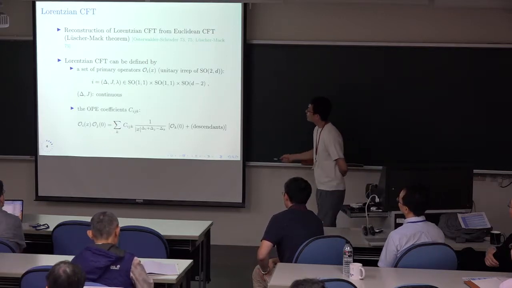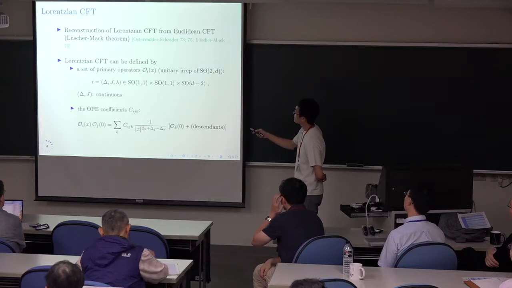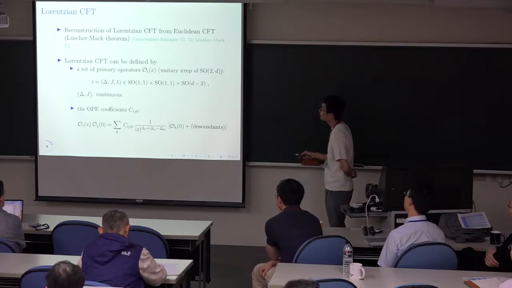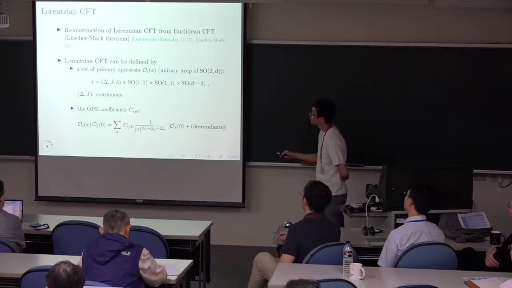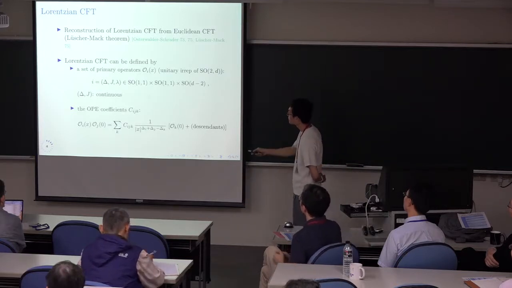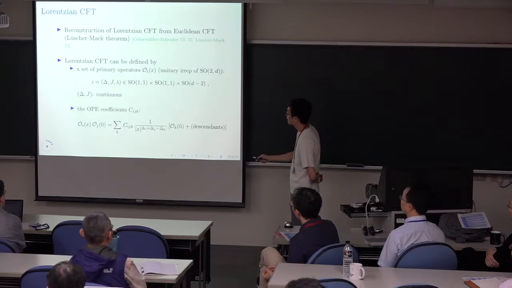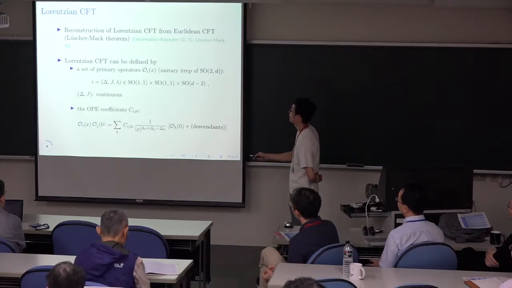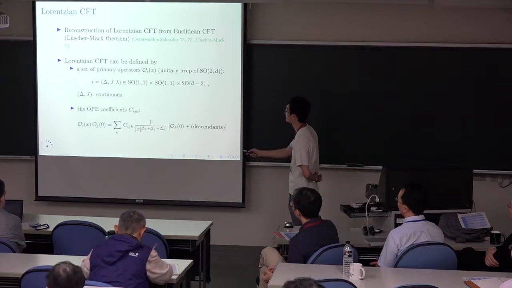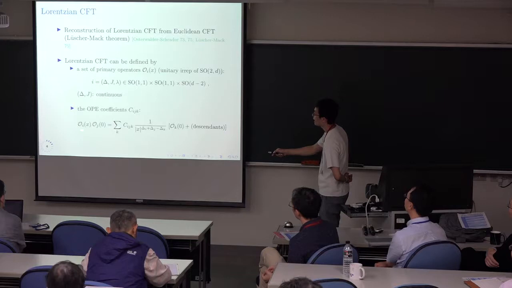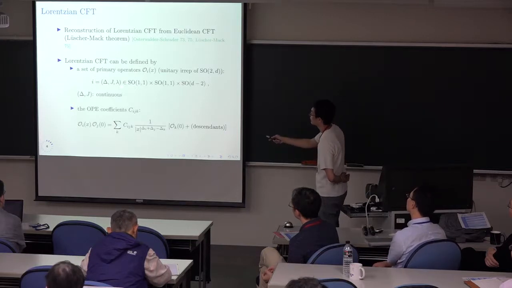So a CFT can be defined by giving a set of primary operators, and you also need to give the OPE coefficients between the primaries. The structure of the OPE can be completely fixed by conformal symmetry up to one constant, C_{ijk}, where i, j are representations labeling primaries.